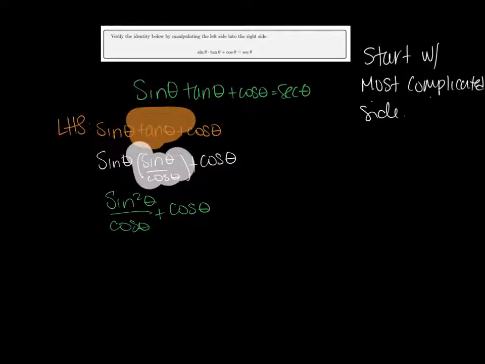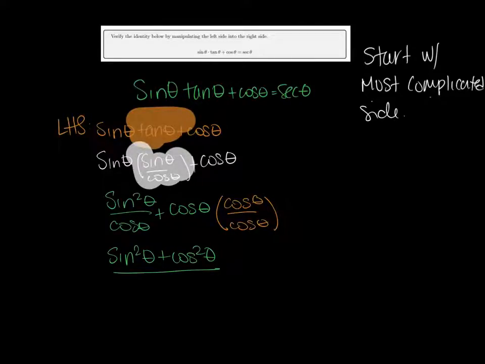In order to add these two terms, we need to have a common denominator. That common denominator will be cosine theta. So I am going to multiply the second term by 1 using cosine theta over cosine theta. When I carry out that multiplication, I get sine squared theta plus cosine squared theta.